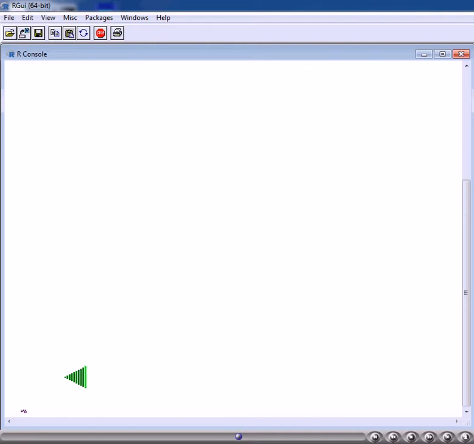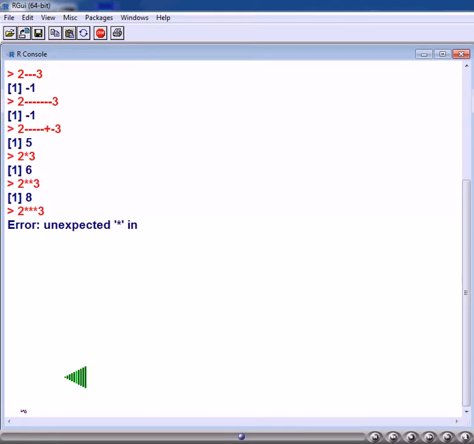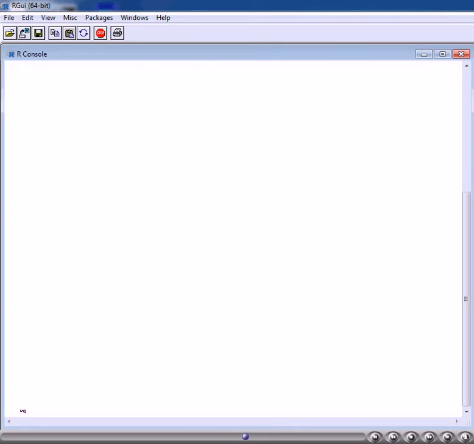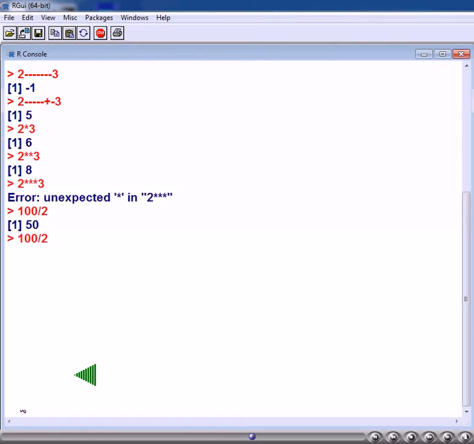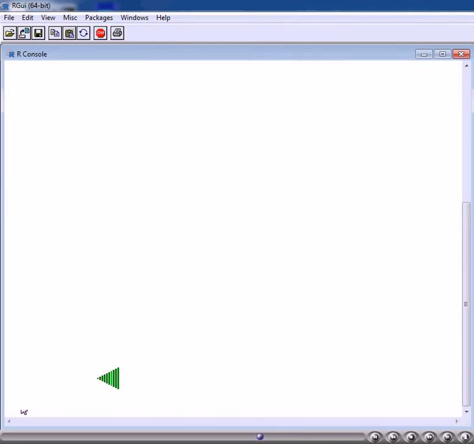This is a valid statement in R. The following statement is also a valid statement in R: 2 to the power of minus 3.